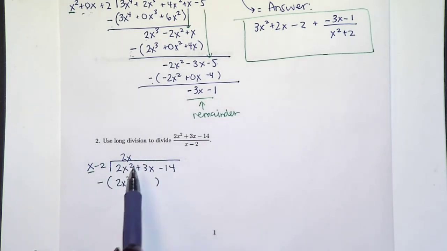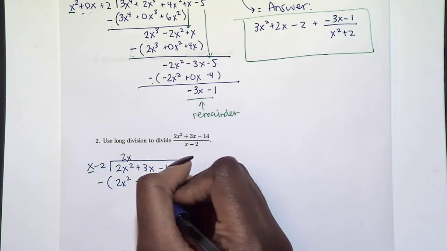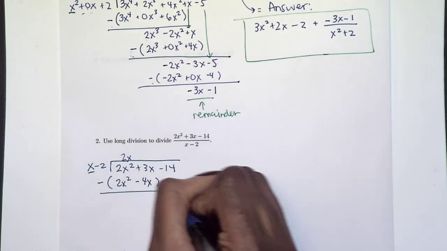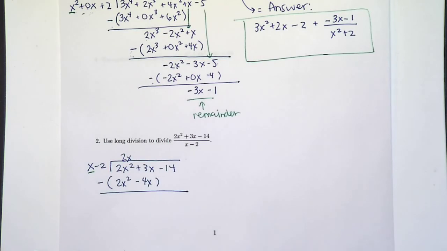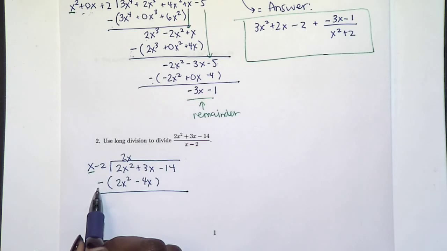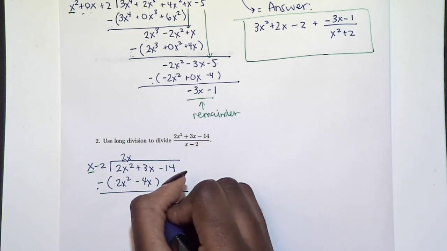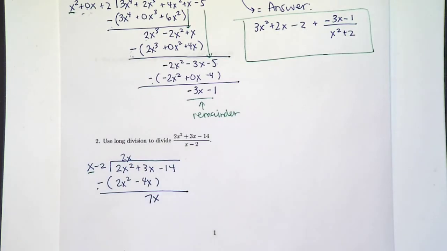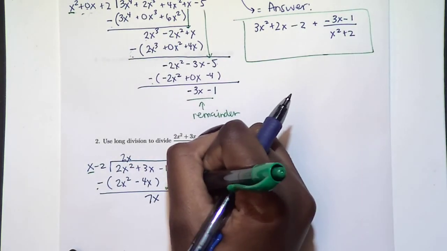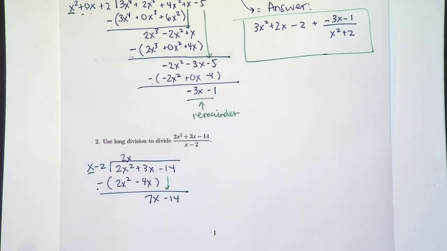We also need to multiply our 2x by negative 2, so that's negative 4x. Then we do our subtraction, so that's nothing. And then 3x plus 4x is 7x. Then we bring down our negative 14 and start the process over again.